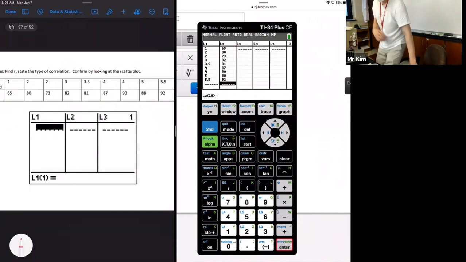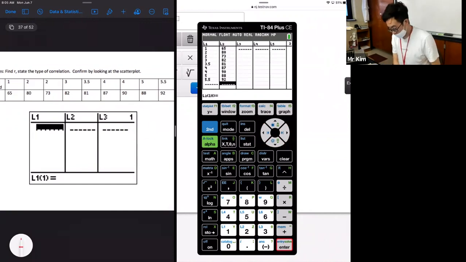Okay, so it should match up perfectly with the 5.5. Hopefully everyone is at this stage here.